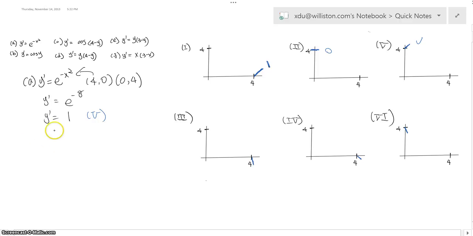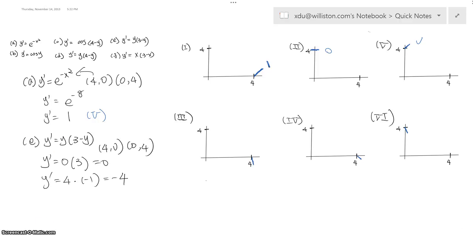So we then take a look at E, which involves y values in the differential equations. We plug 0 and 4 for y values this time, and we get y prime equals 1 and y prime equals negative 4.